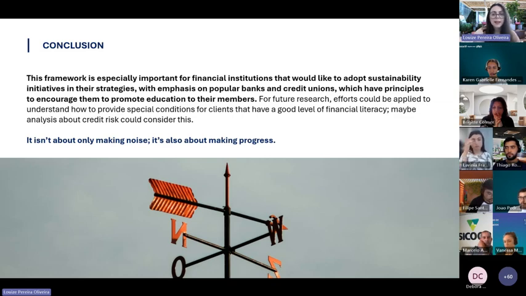And I would like to reflect with you to finish my presentation. Especially at this moment in the world, we can hear a lot of noise about ESG, about sustainability topics, about sustainable finance. People are talking about this a lot, but what are people doing? We can't see big progress, right? We just hear, but we can't see.